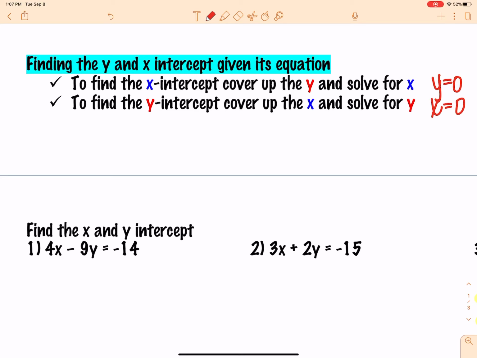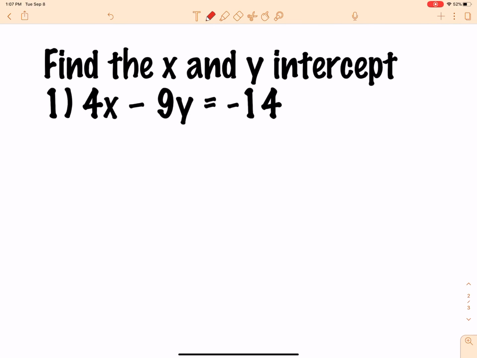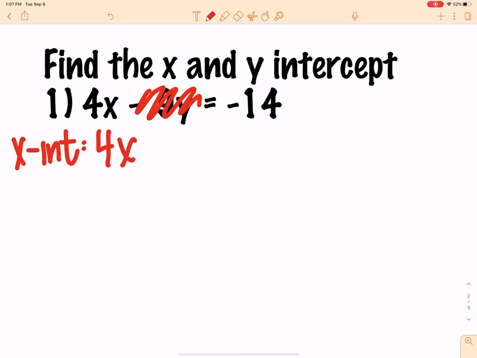So if I'm solving for my x-intercept, we'll do x-intercept first. That means I'm going to take out y, so ignore y, which means it's 0. So then you get 4x equals negative 14. So x equals negative 14 over 4.